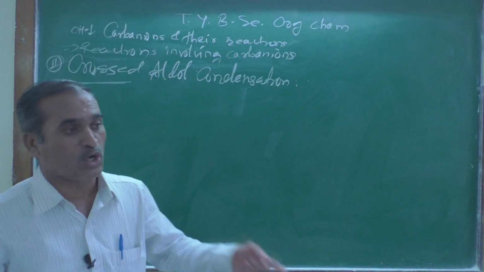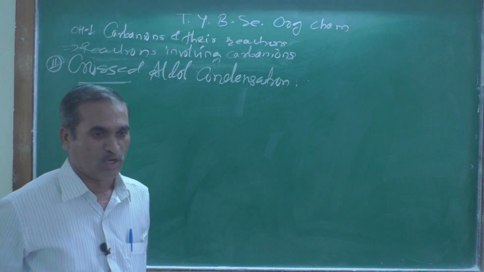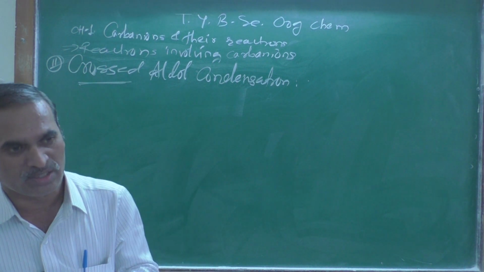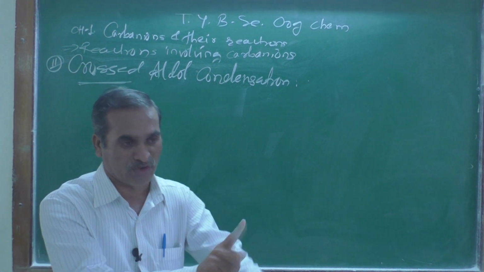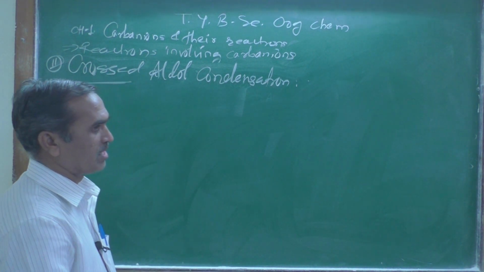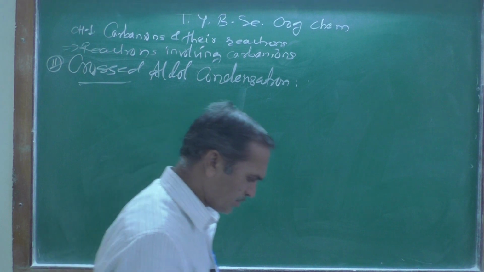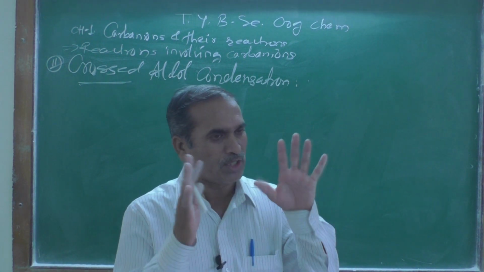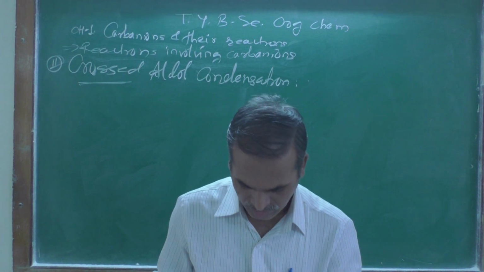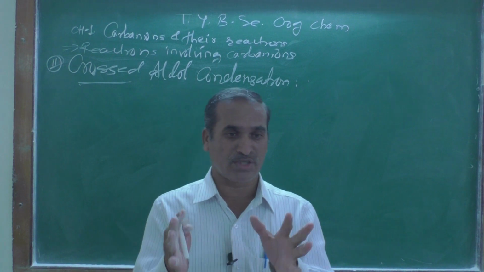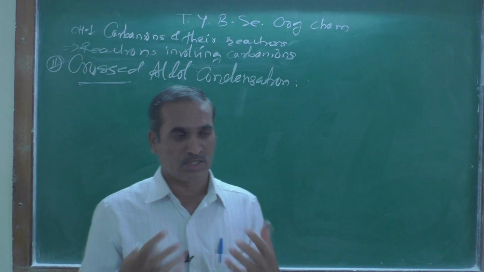Crossed means two different molecules, maybe aldehyde or ketone, two aldehydes may condense, but they should be different. And if you take two such examples, then the cross aldol condensation reaction gives a lot of side products, self condensation as well as crossed condensation.